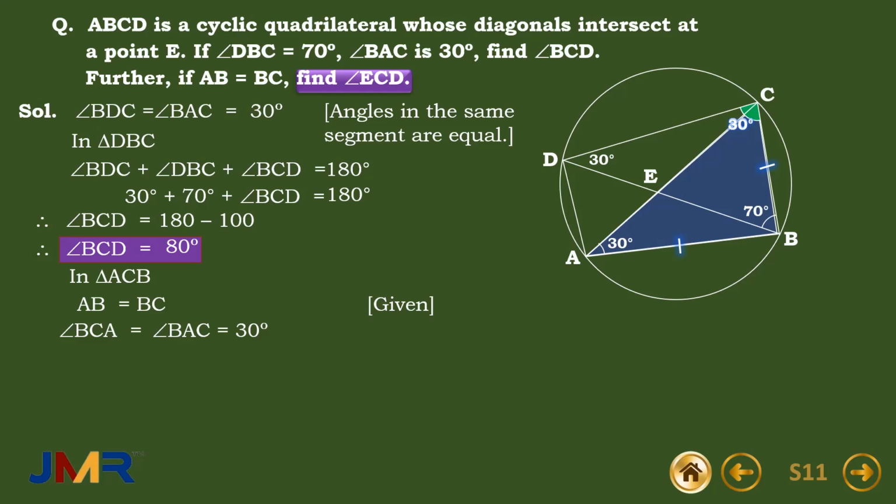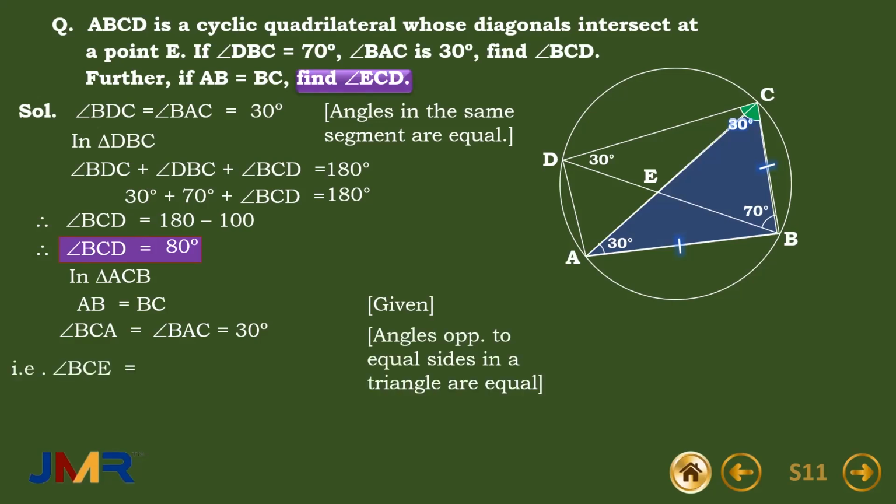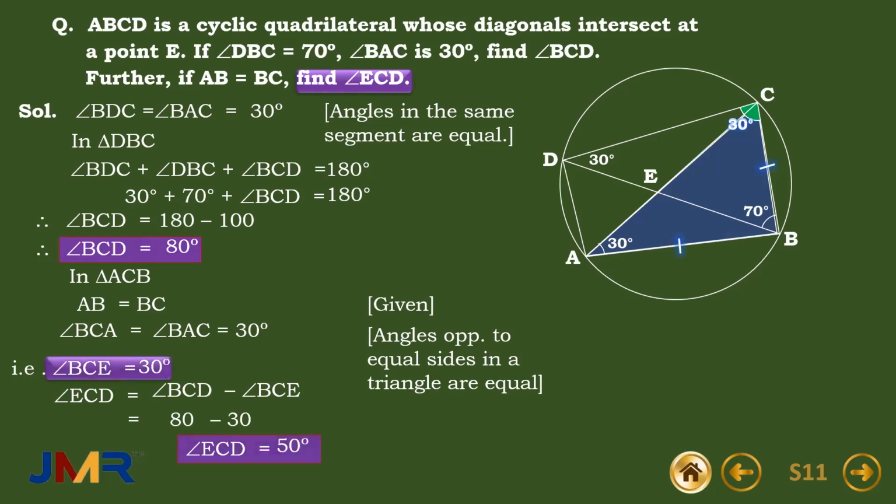That means angle BAC is equal to angle BCA, which is equal to 30 degrees. Angles opposite to the equal sides of an isosceles triangle are equal. Therefore, angle BCE is equal to 30 degrees. As soon as we got angle BCE is 30 degrees, angle ECD, how can we find? Yes, 80 minus 30, that is 50 degrees.